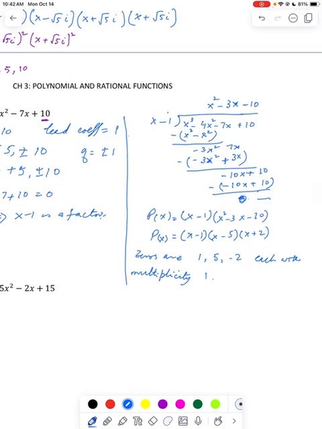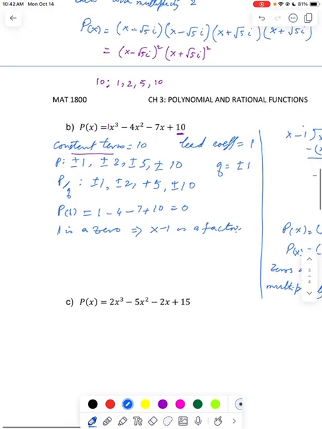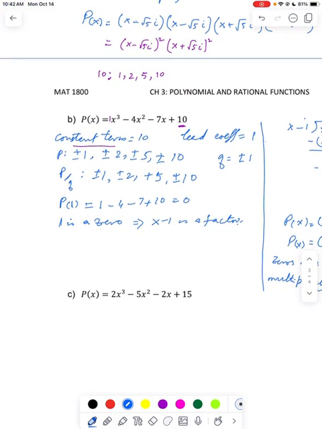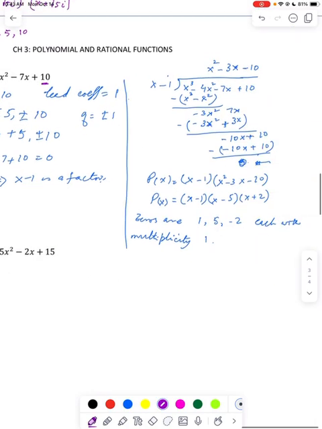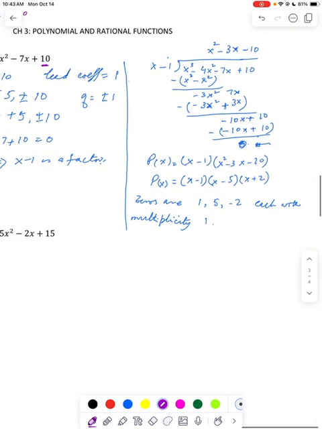If the remainder is coming out as something else, then you have made a mistake in your division, or you made a mistake in finding P of 1. So be careful about those things. Once you get a 0 remainder with the division, long division or synthetic division, you can write your P of x as the divisor times the quotient, or quotient times the divisor, your choice, it doesn't matter.